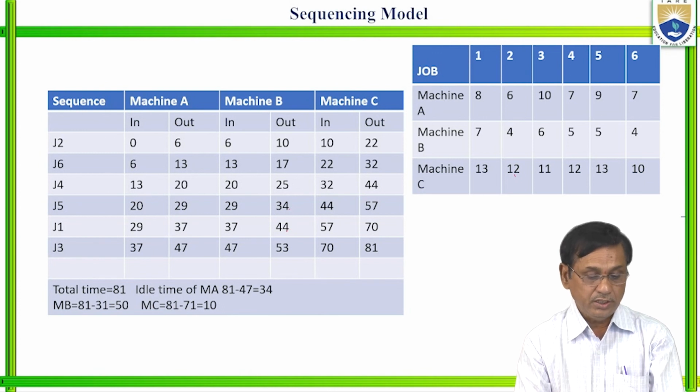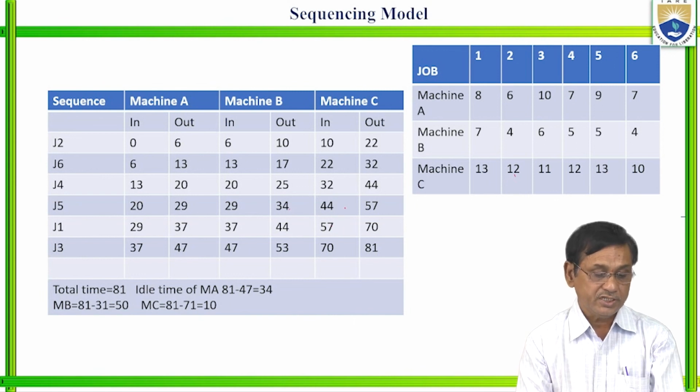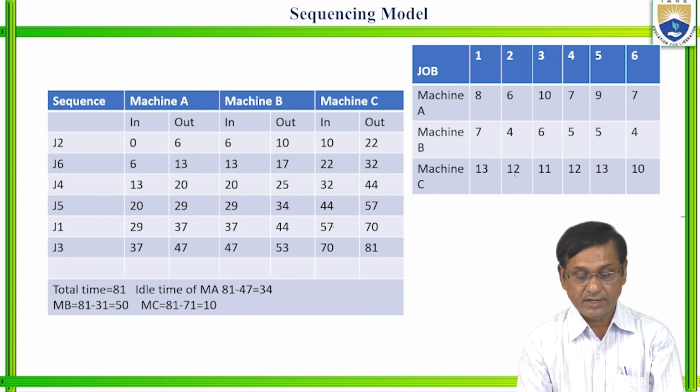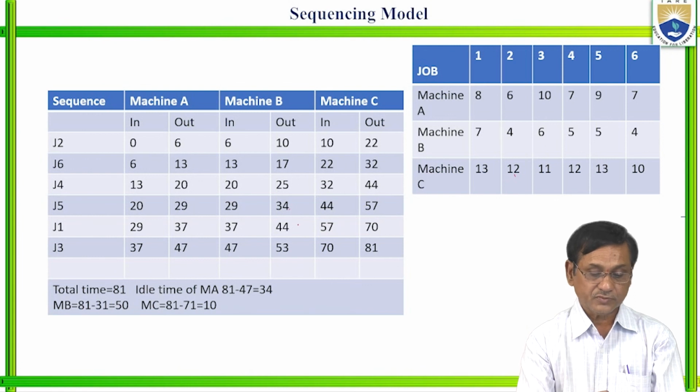So job 1 goes to machine C at the 57th hour because processing is going on machine C corresponding to job 5. It enters machine C at 57 and the time required is 13, so it will be finished by the 70th hour. It will be completed after 70 hours.